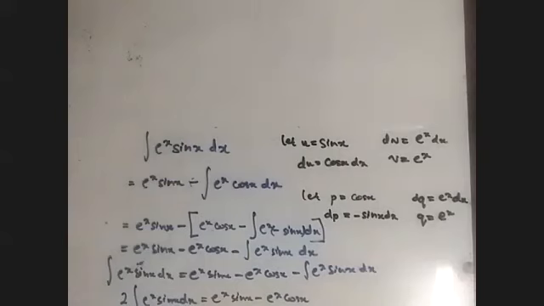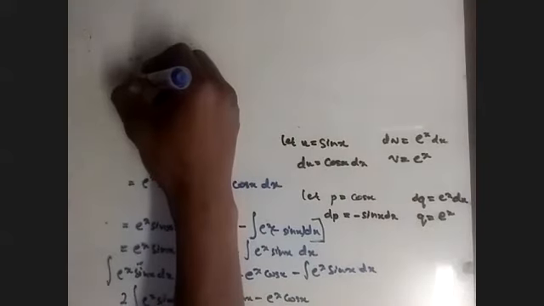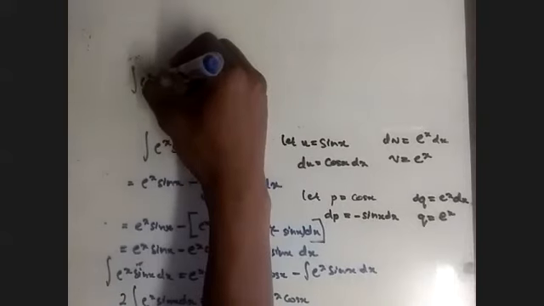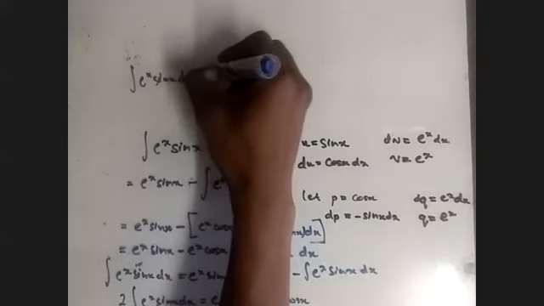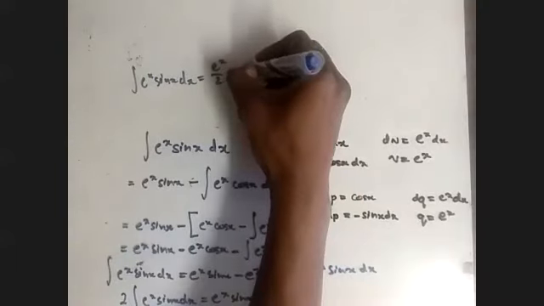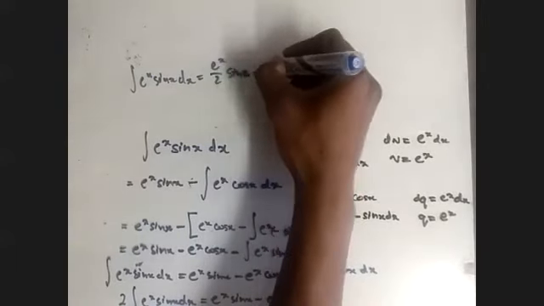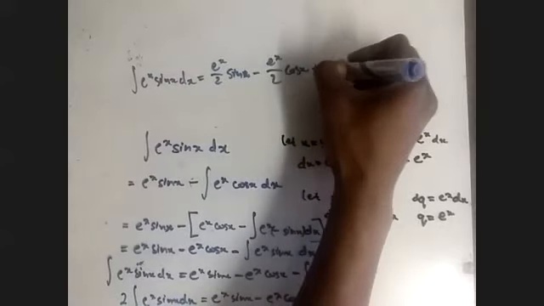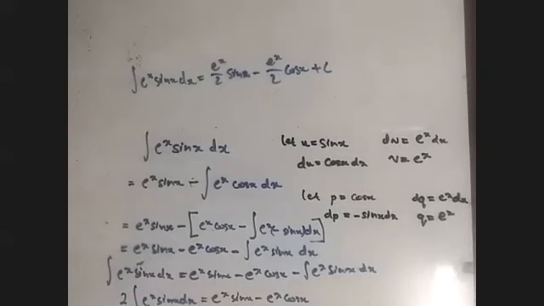The last step, I'm going to write it as we divide each and every term by 2, so it becomes the integral of e to the x sine of x dx is equal to e to the x over 2 sine of x minus e to the x over 2 cos of x plus c. I hope you are happy with that, guys.